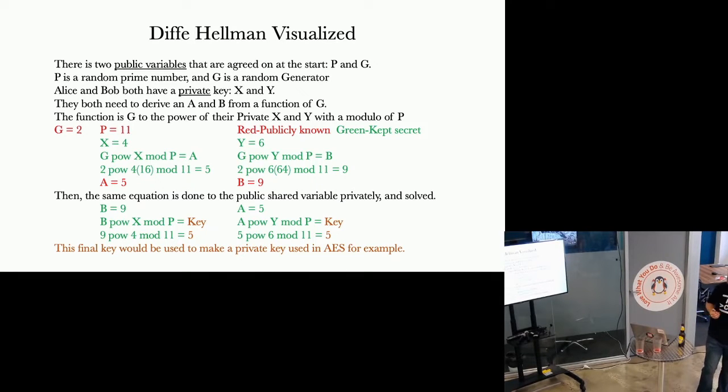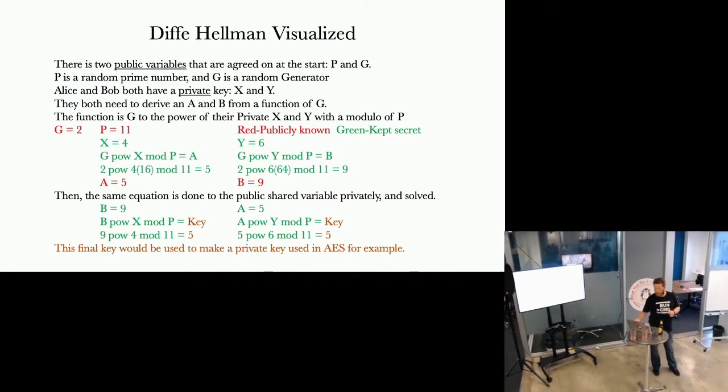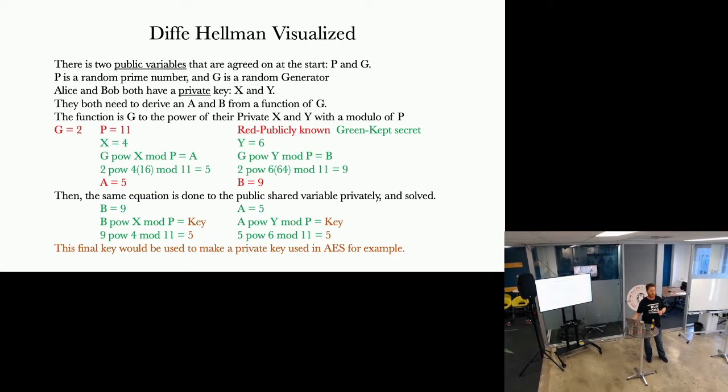AES is a symmetric encryption cipher, and you need to provide it with a key. Now both Eli and I have the exact same key, so we can use it to start encrypting messages together. That's kind of the point of it. I hope that made sense. Did everyone kind of follow that?